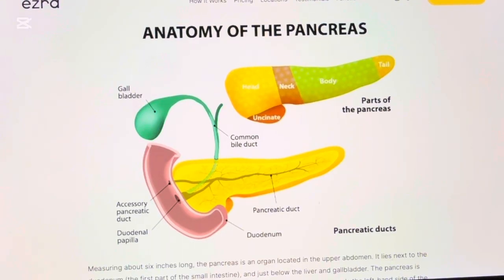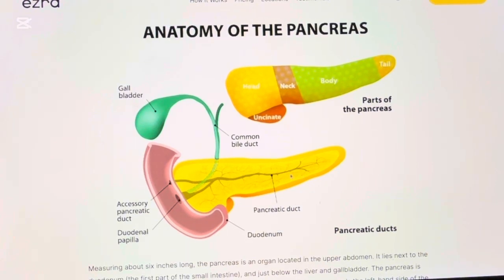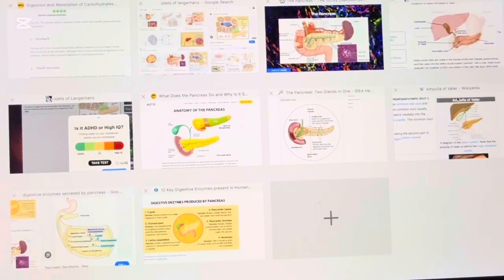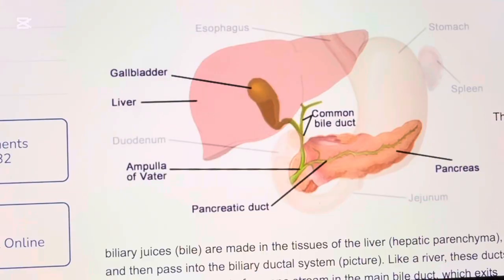The pancreas contains a duct which runs along the length of the organ, and we call it the pancreatic duct. This pancreatic duct joins the common bile duct. The common bile duct is formed by the fusion of the hepatic duct, that is the liver duct, and the cystic duct, that is the gallbladder duct.